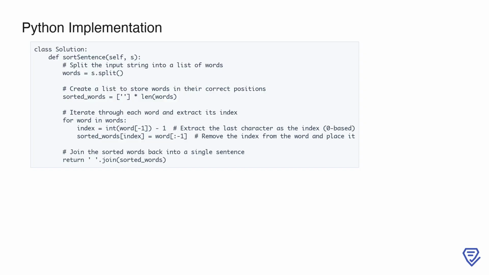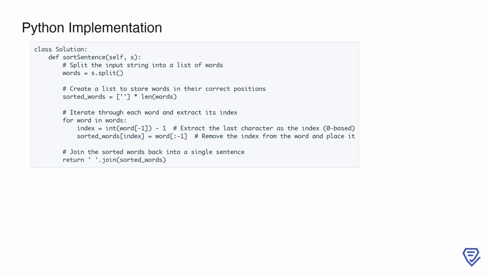The algorithm then iterates over each word in the input list. For each word, it extracts the positional index from the last character of the word using word[-1]. This index is converted to an integer and adjusted to 0-based indexing by subtracting 1. The word itself, excluding the last character, i.e., the number, is stored in sorted_words at the appropriate index.